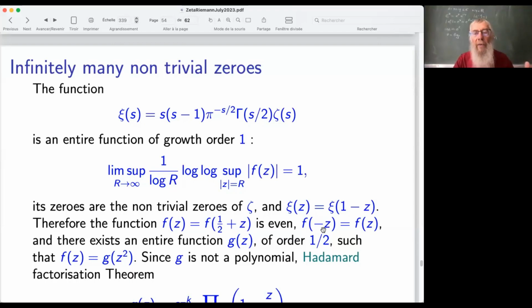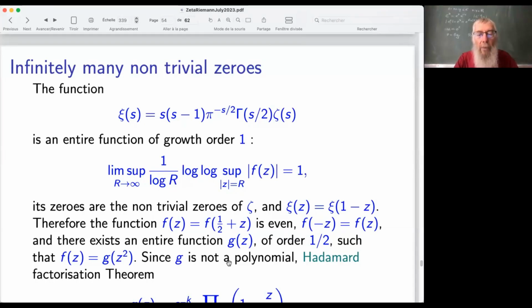It's a sum of even powers of z. So if you replace z by square root of z, you find an entire function of order 1/2. So it grows like exponential r to the 1/2, such that f of z is g of z squared.